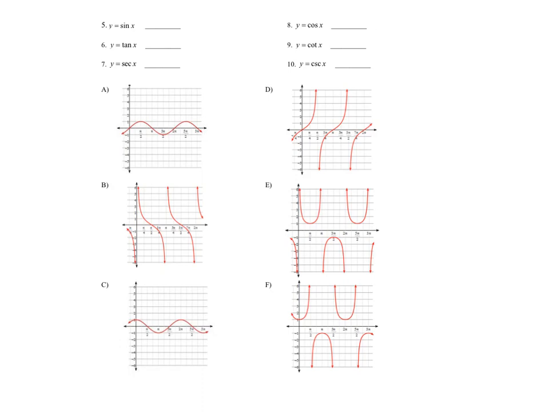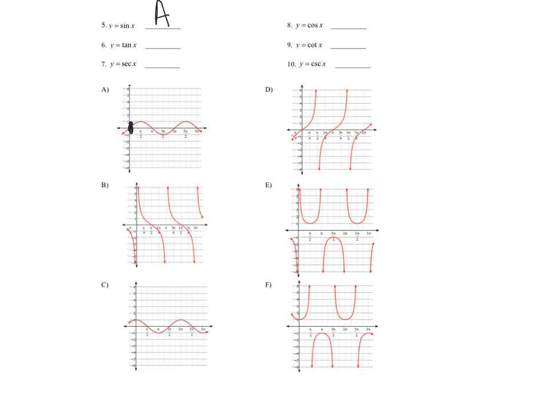We also know that the value for sine at 0 is 0, so we want to look for the wave graph that has a point at 0, 0. Well, that's this one right here. So we know that the answer to question 5 is graph A.